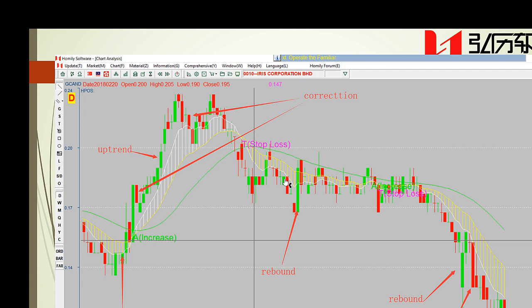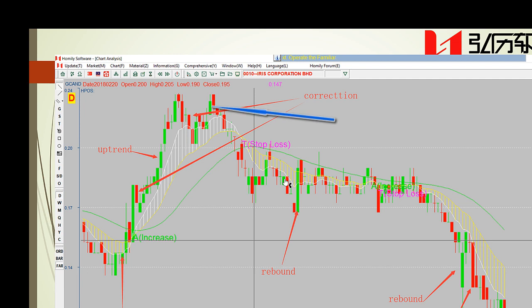So here it will be a resistance. The previous high point will be a resistance. So we should know about that. If the price cannot break out of this previous high point, the price will keep dropping.